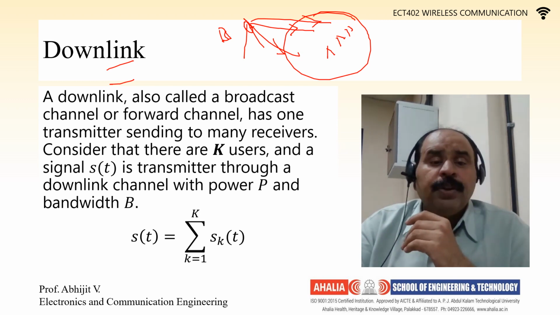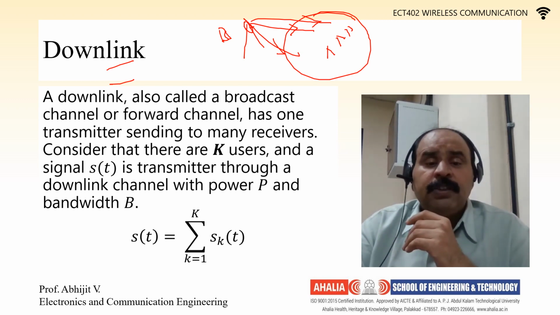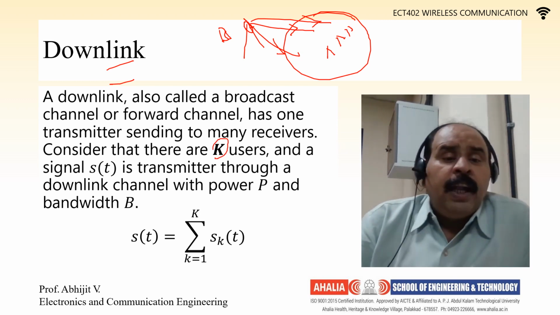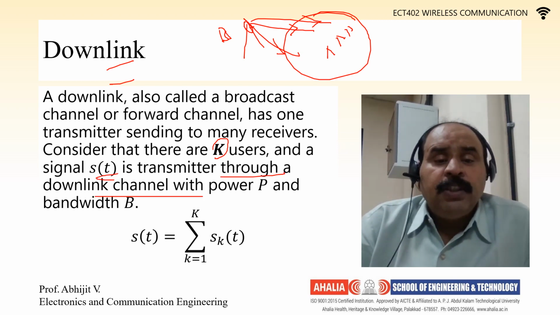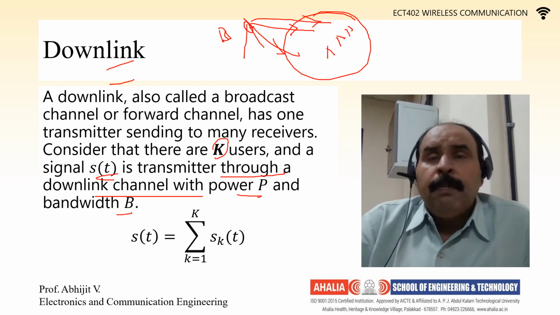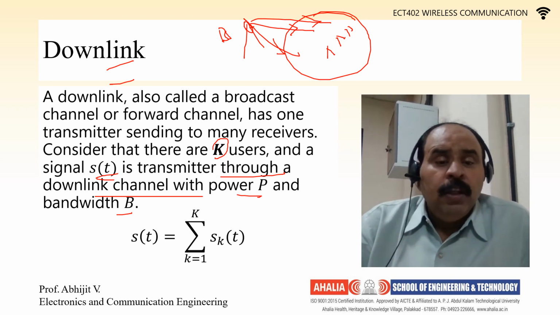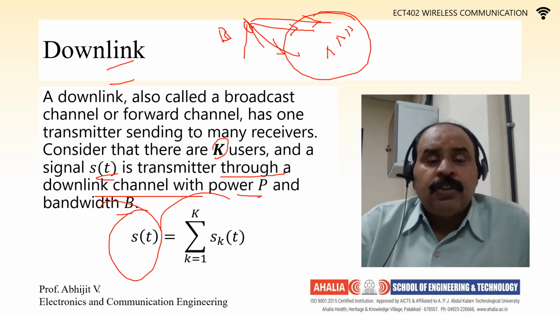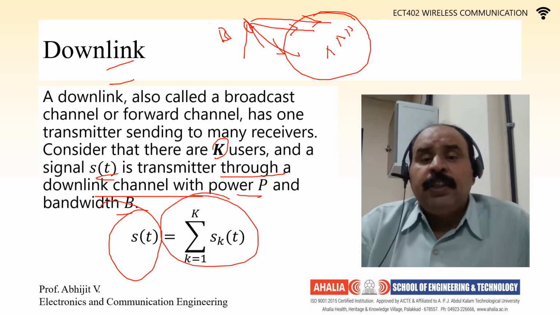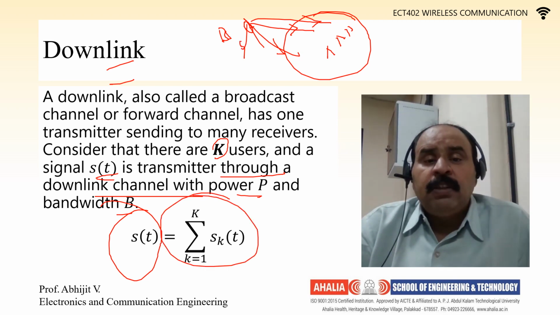Here we consider K users, and a signal S of t is transmitted through the downlink channel with power P and bandwidth B. The S of t, the total signal, is the summation of all the individual signals S1, S2, and so on up to Sk of t. All together, the transmitted signal is called S of t.